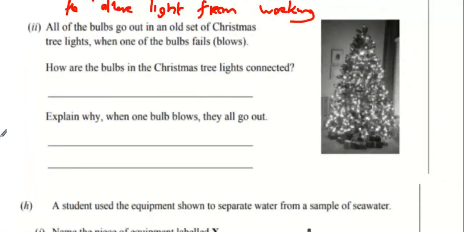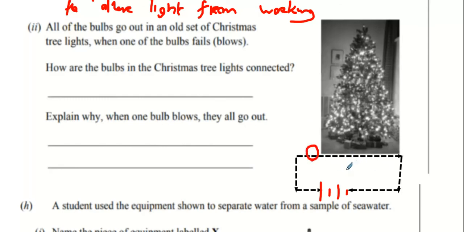All of the bulbs in an old Christmas tree go out when one of them goes out. Essentially, imagine I had one battery, like so, and I connect them all in series. So here is my circuit with the battery diagram. And then we're going to put a couple of bulbs here: 1, 2, 3, and 4.